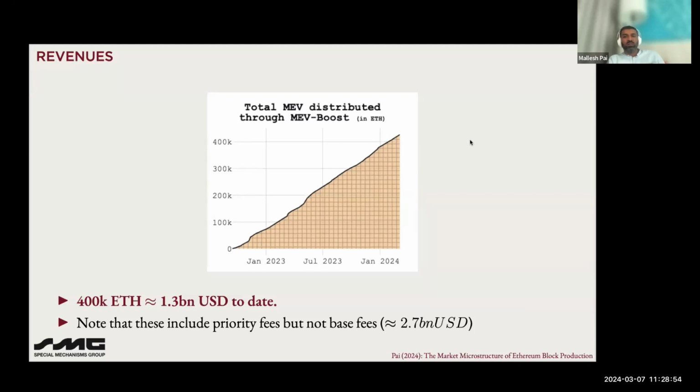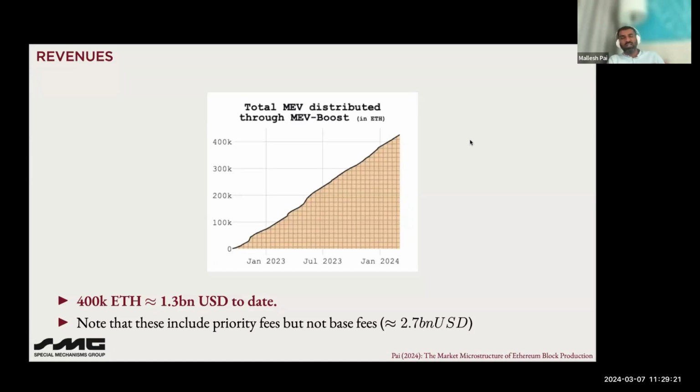I want to stress a couple of things. One, note that the Ethereum chain charges transaction fees differently. The block producer does not get all the transaction fees as they do currently in Bitcoin. There is something called a base fee. That base fee does not accrue to the proposer. It is simply burnt.